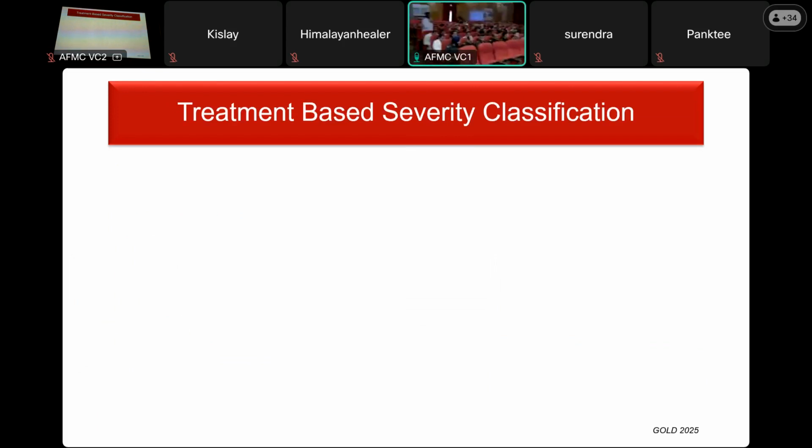Yes, sir. SABA and SAMA. Yes, short-acting bronchodilators. That will be mild. If you have treated with steroids plus minus antibiotics, then what do you call that exacerbation? Moderate. And when does it become severe? If the patient needs hospitalization, oxygen supply. If the patient is hospitalized or even if he has presented to the emergency, that means it is a severe exacerbation.